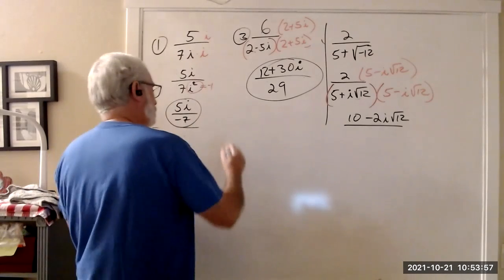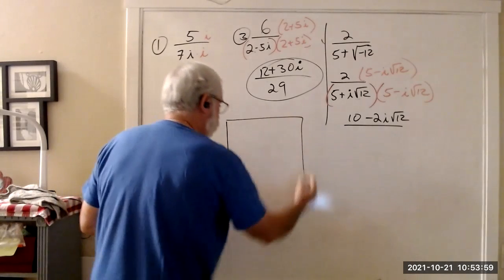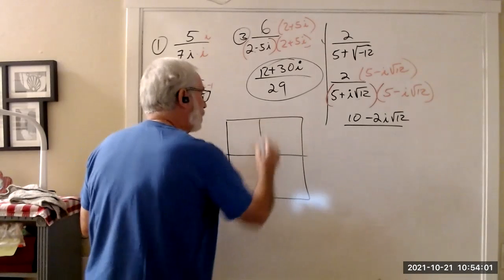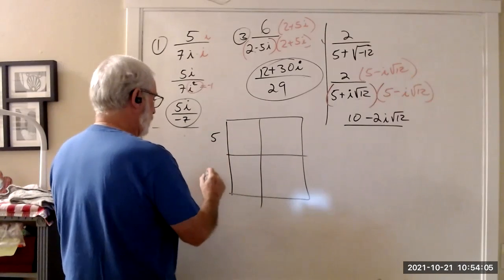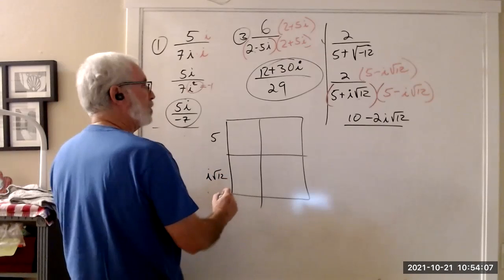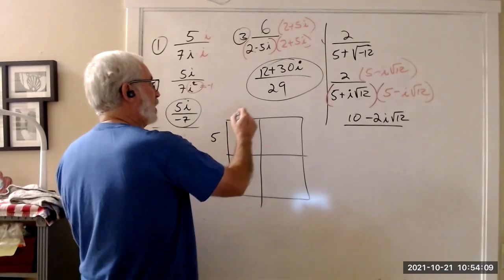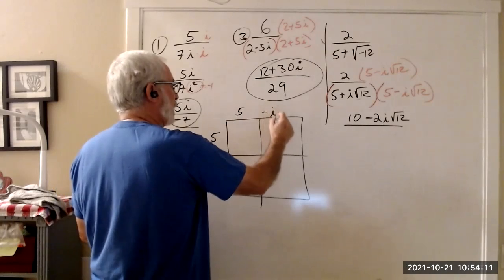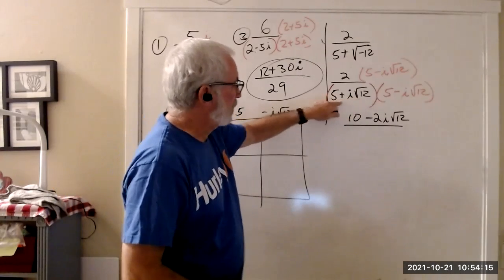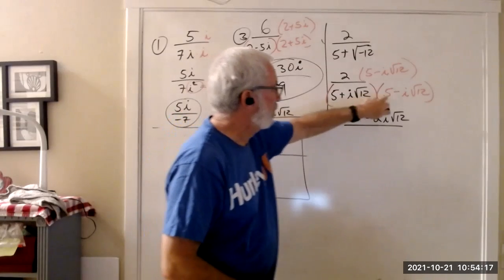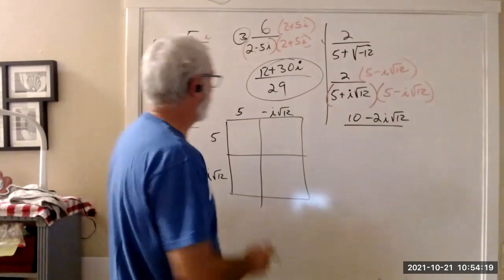So here I go. Ugly. Boom, boom, boom. 5 and i radical 12. 5 and minus i radical 12. So 5 and the i radical 12 here, 5 and the minus i radical 12.